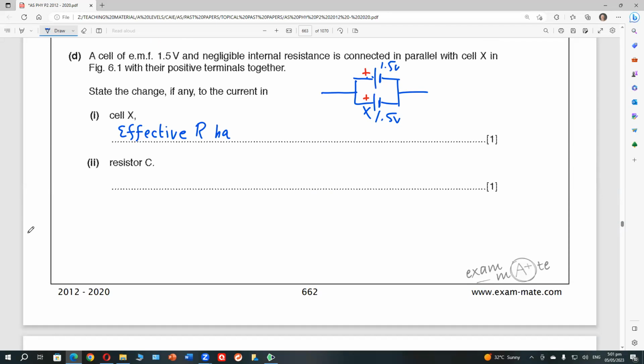The effective resistance will decrease. The 1.5 and 1.5 both will be producing once you make the combined circuit. And what would be the combined voltage? Can you tell me, in parallel, will it still be 1.5? Parallel voltage is the same. Yes, good.